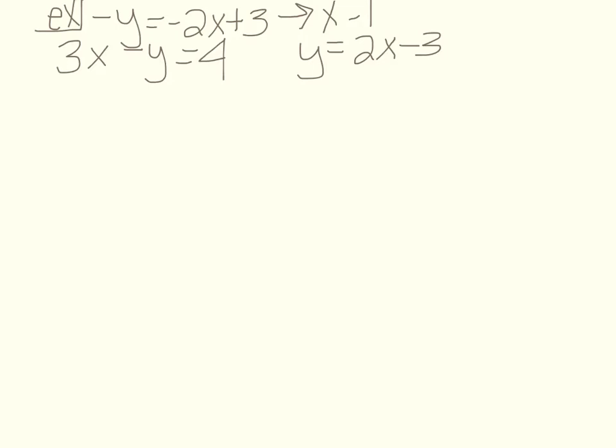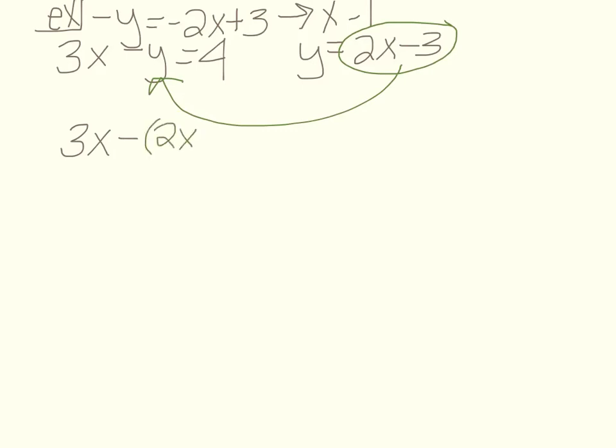So now, I'm going to take this part here for y and substitute it in for this y here. So I get 3x minus, and you should always put your substitution expressions in parentheses. This way you don't forget to distribute anything that you may need to. So we're going to subtract (2x minus 3), and we know that that has to equal 4.